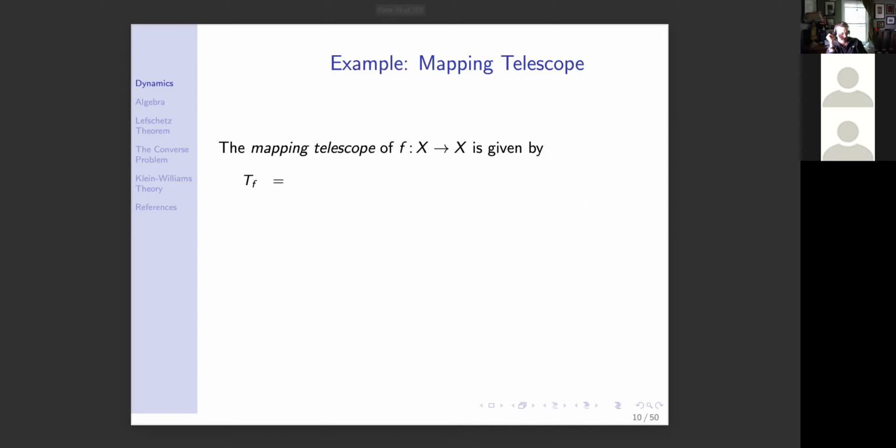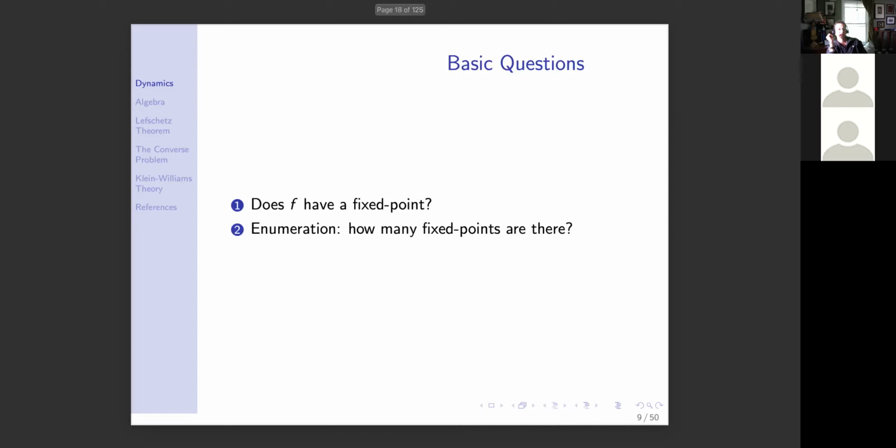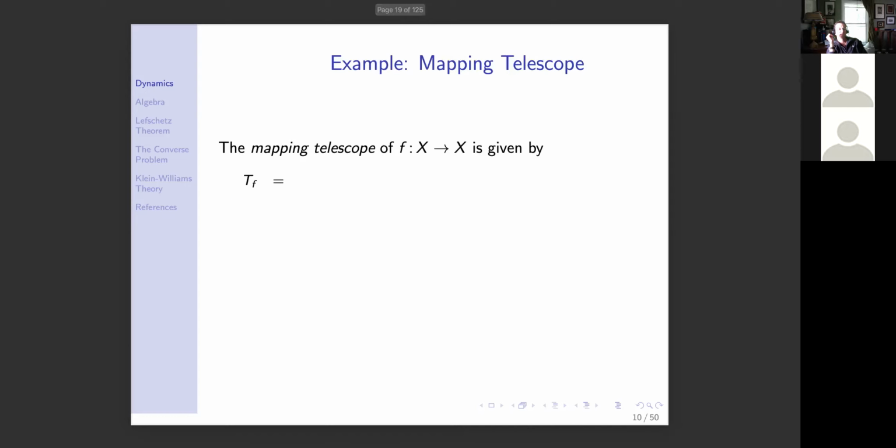I want to connect up the two different types of dynamics. So let's consider a self-map of X and consider something called the mapping telescope. You could take X and take the product with a unit interval where the endpoints of the interval are integers, and take a big union of those.